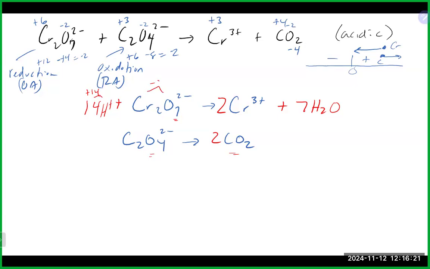That's going to be a -2, which is going to net us a +12 on the left-hand side. Right-hand side, a +6, really, and a 0. This is our reduction in this case. We do need to add 6 electrons here, which will give us a -6 and a +12, +6 on the left to match the +6 on the right.